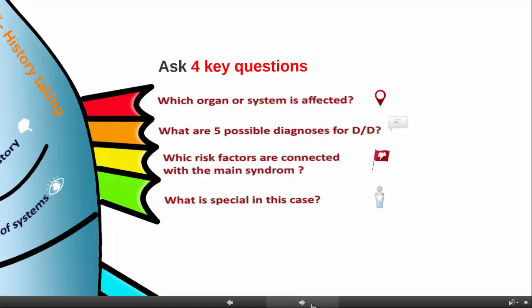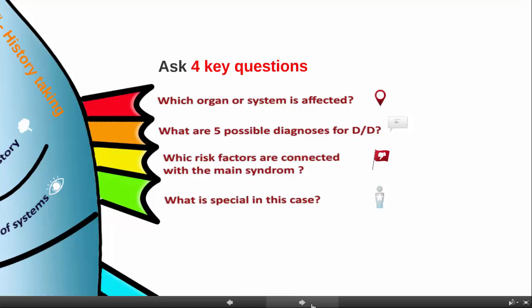What are 5 possible diagnoses for differential diagnosis? Why 5? Why not 25? It could be even 105, but we usually choose the most appropriate diagnoses for this case. If we don't have them, we can use another 5, and then another 5, and we can come to the conclusion finally. The third question is, which risk factors are connected with the main syndrome?